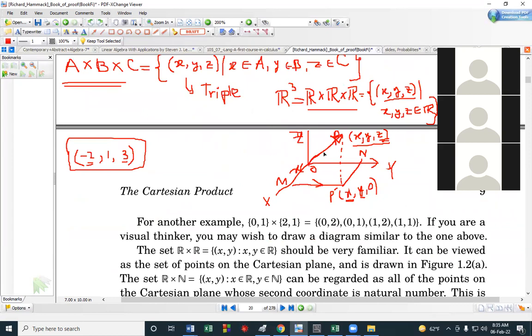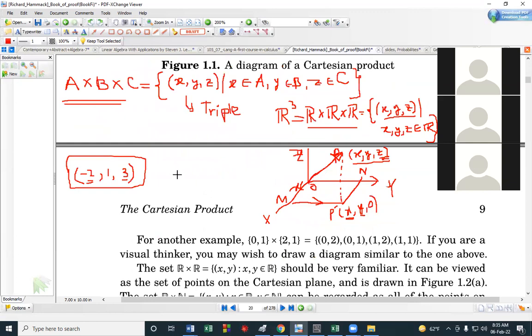For example, we can take the Cartesian product of n copies of the real line, like this one. We'll say it is R^n. N copies of the real.